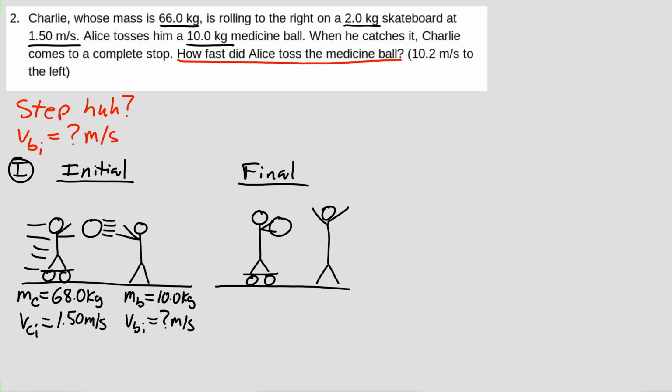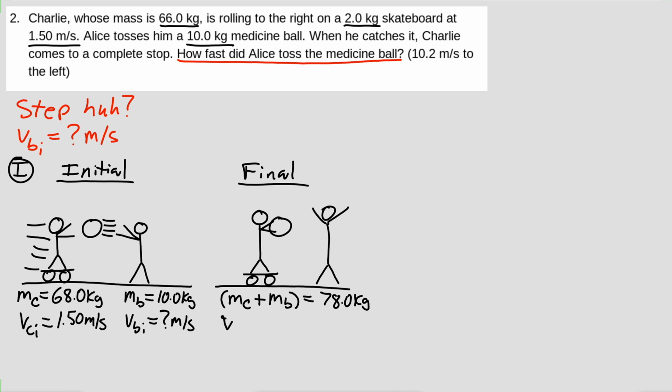Notice that Charlie and the ball are now stuck together. Problems like this, we call them perfectly inelastic collisions. So mathematically, if things are stuck together, we do that with parentheses. So mass of Charlie plus mass of ball is equal to 68 plus 10 kilograms, 78 kilograms.